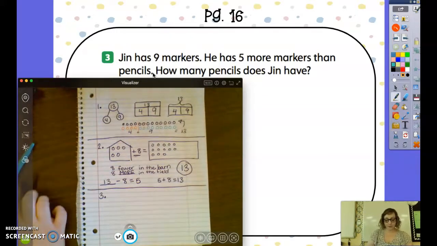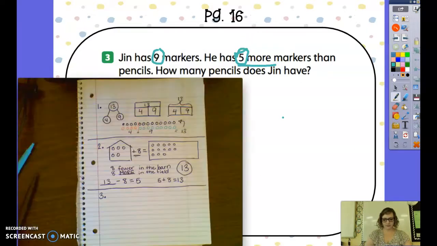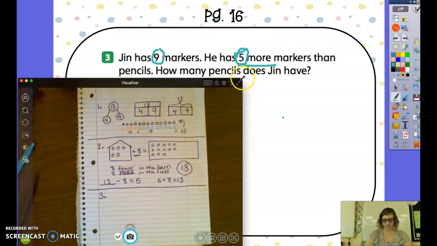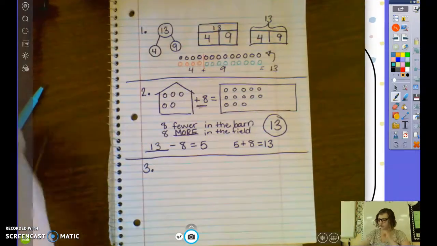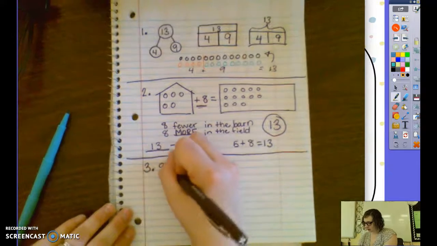So now I'm going to look at my problem. Jin has how many markers? 9. How many more markers does he have than pencils? He has 5 more markers than pencils. So let's take a look here. So I know that he has 9 markers.